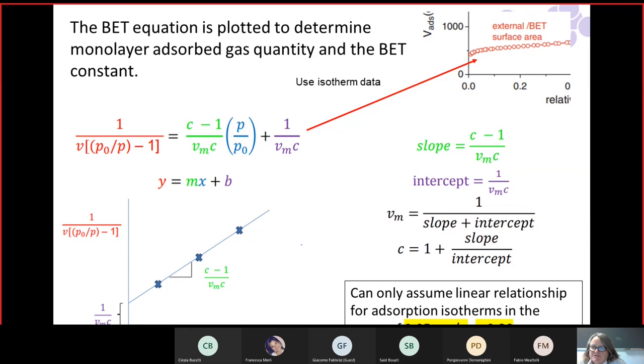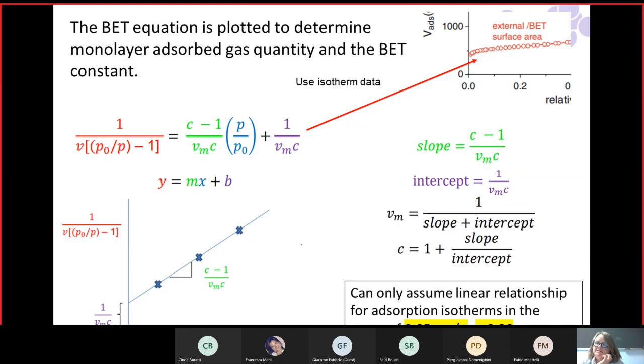Below 0.05 is where you are microporous. Above 0.3, you start to add additional layers onto the surface. So they've identified this region where you have a linear region.